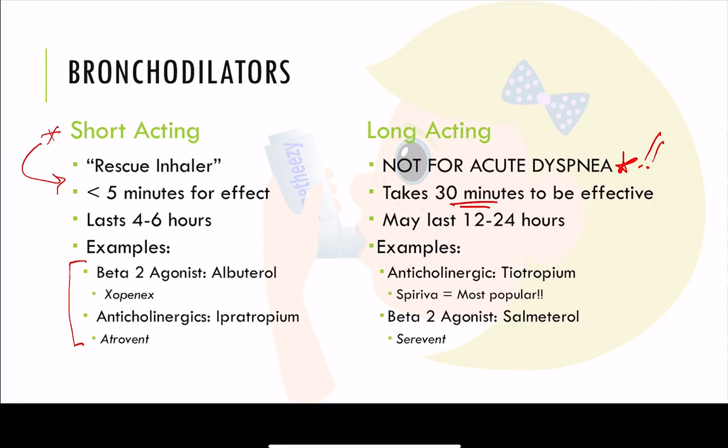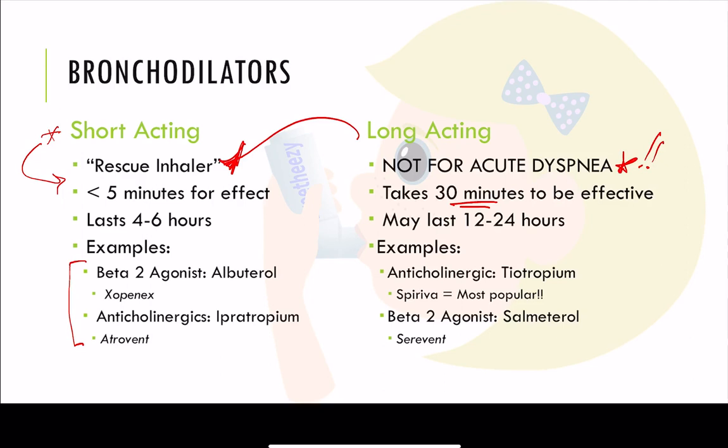So patients take a long-acting bronchodilator because this will allow them to rely less on their rescue inhalers. So it creates a longer duration bronchodilator. You might consider this their maintenance bronchodilator as opposed to the rescue bronchodilator.